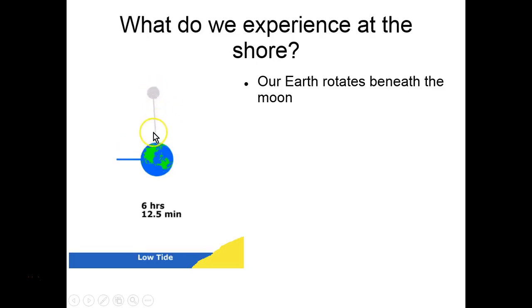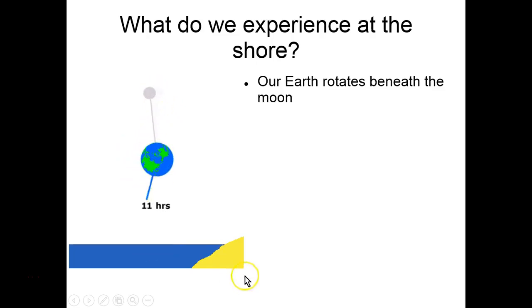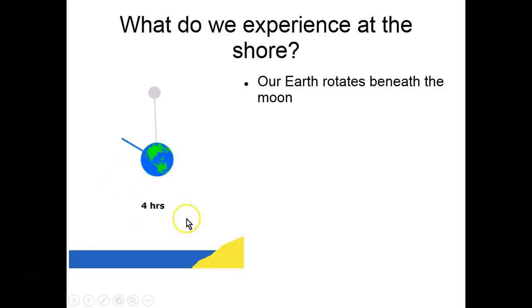So anytime this location, which is what's shown here, is either directly under the moon or directly across from the moon, the opposite direction of the moon, we're going to have a high tide. Anytime the Earth is at a right angle, like over here or over here, we're going to have a low tide.